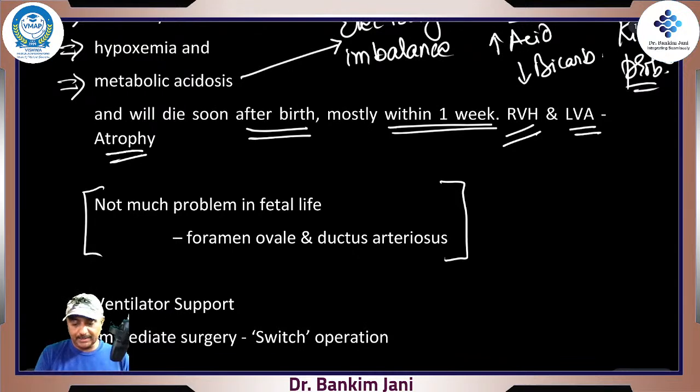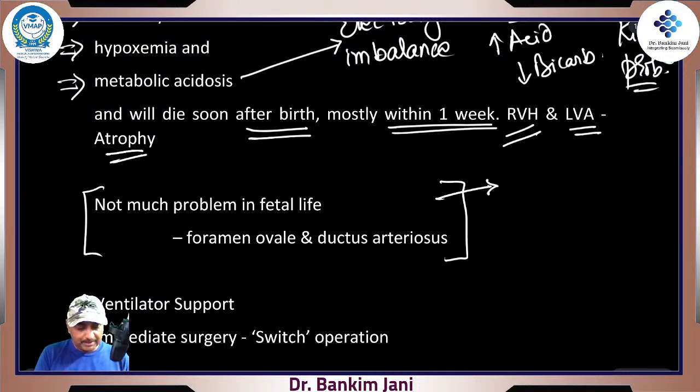If you don't anticipate it, when the mother is pregnant and you do an ultrasound, because you won't be able to do a CT scan, as CT scan cannot be done in a pregnant female because of radiation. So you have to rely on ultrasound. Ultrasound is safe, it can be done as many times as you like. If you don't anticipate, after birth cyanosis will immediately start developing, and there is no way.